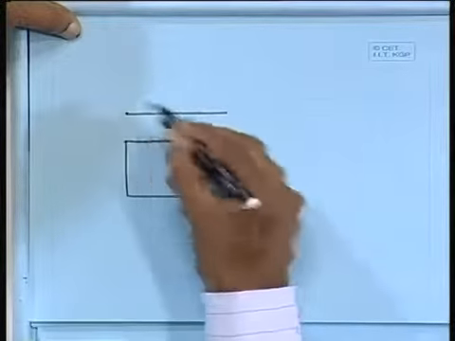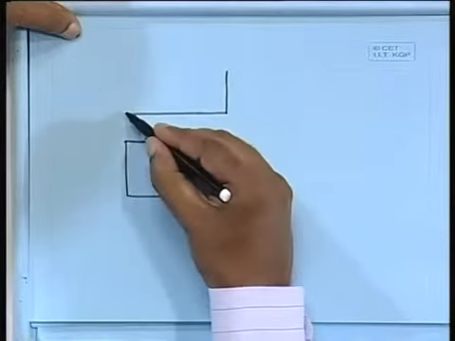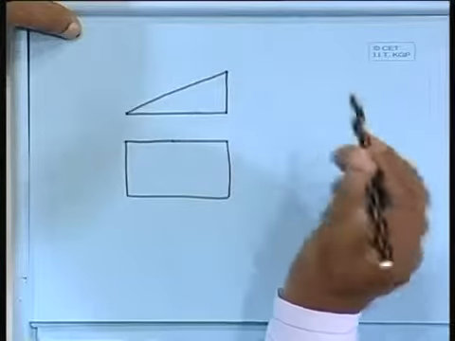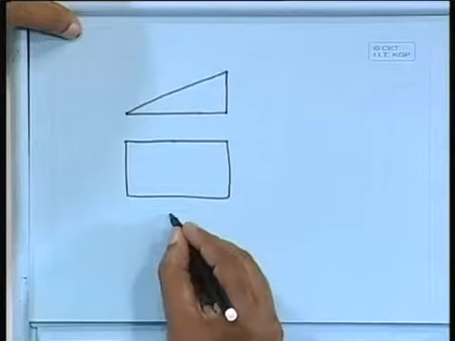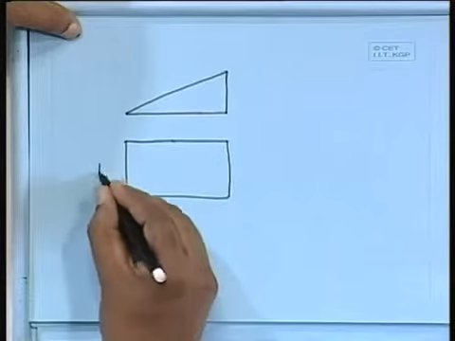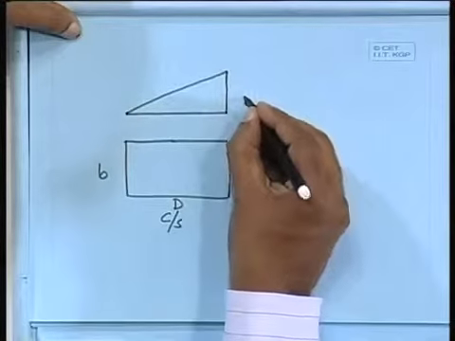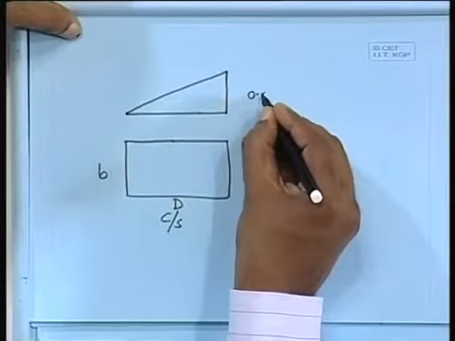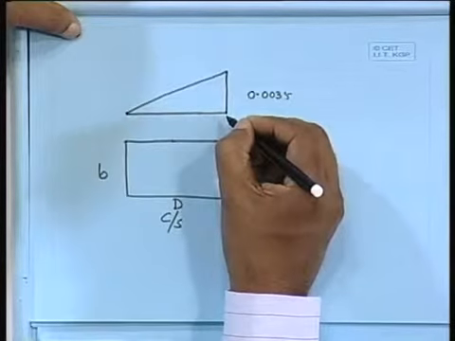If there is no tension, how far shall we go? Let us assume this is the strain diagram, and this is the cross section, B and D. I am telling that the maximum allowed strain is 0.0035.